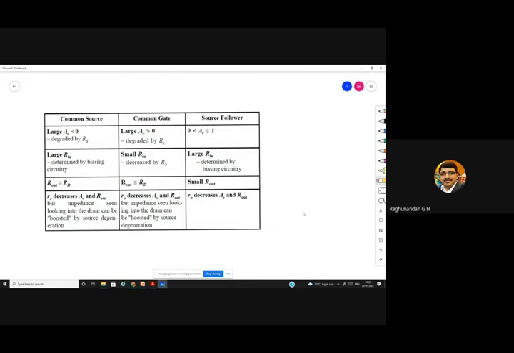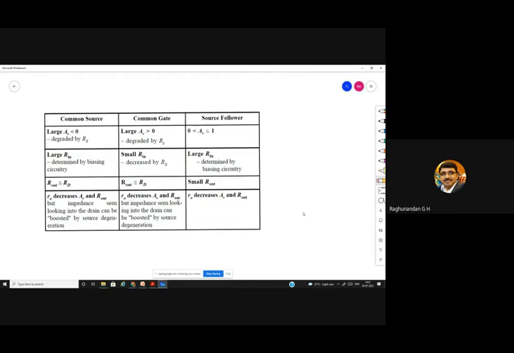So in the comparison, we consider four major factors. One thing is with respect to the terminal voltage. In the common source, if Av is less than zero, then it is going to be degraded by Rs.